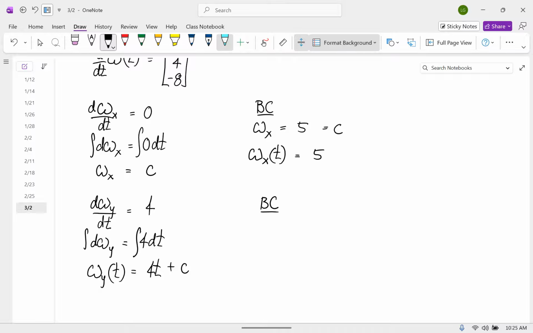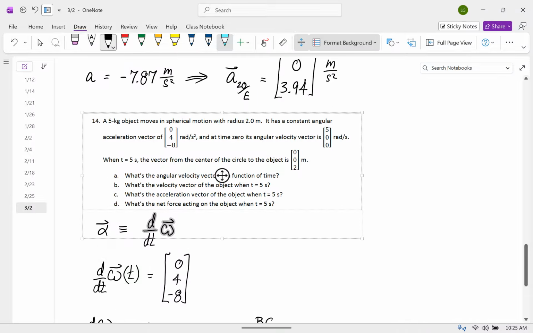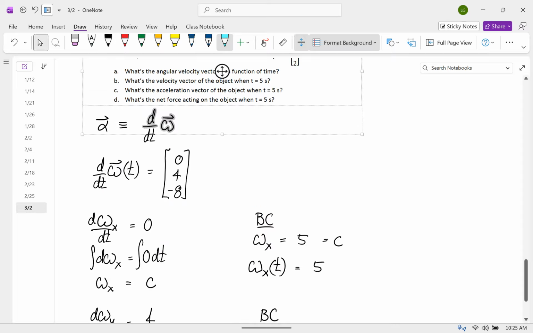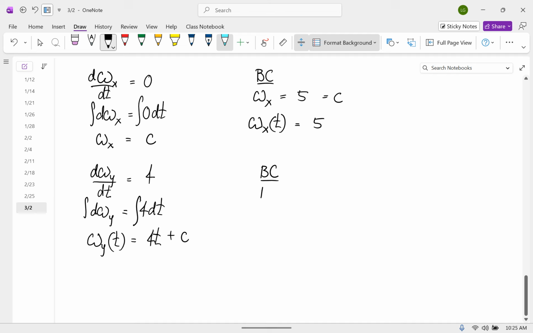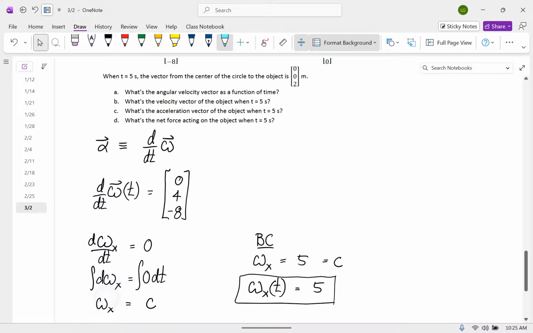The boundary condition says when time is equal to 0, omega y is equal to 0. So 4 times 0 plus c is equal to 0, so c is equal to 0. So omega y as a function of time is just equal to 4t.